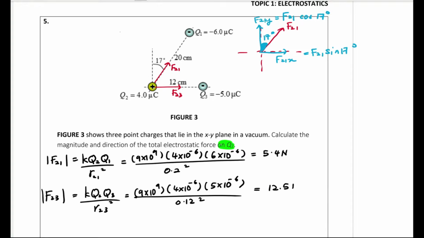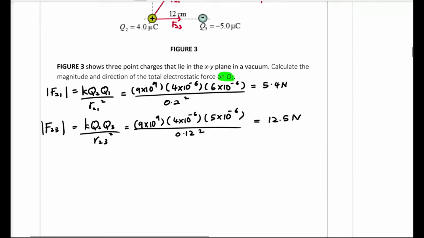So 12.5. Okay, so now, we know the X component of F23 is easy, no need to resolve. F23 in the X component, the direction is to the right, so positive 12.5 Newton.